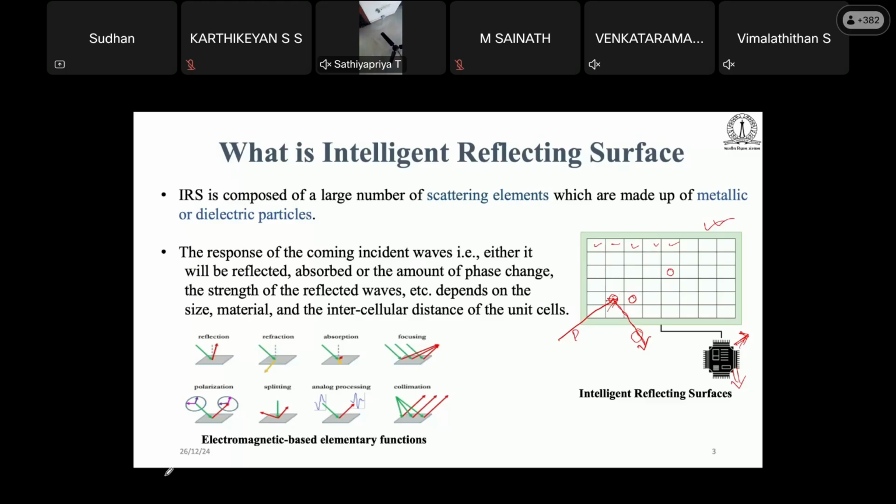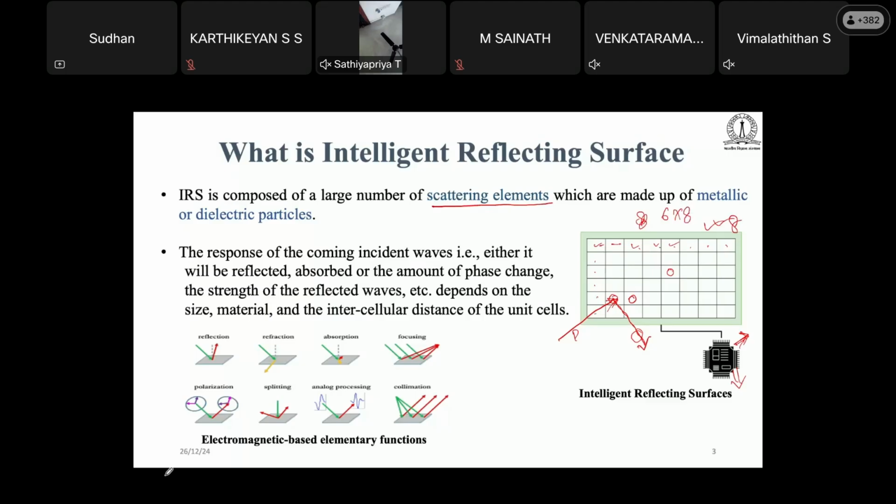Now you can see that it has a large number of scattering elements. In this case 1 2 3 4 5 6 7 8, and 1, 2, 3, 4, 5, 6. So it is an 8 by 6 element array.